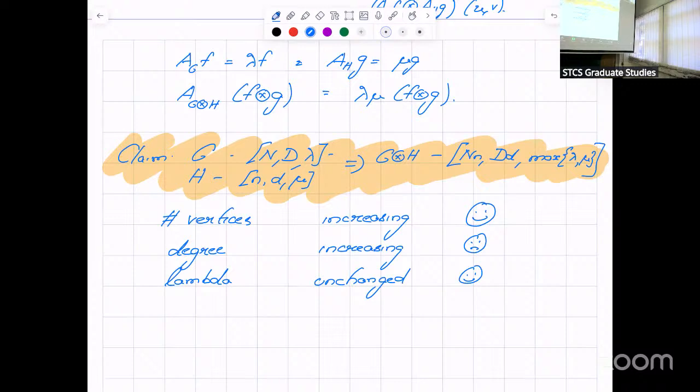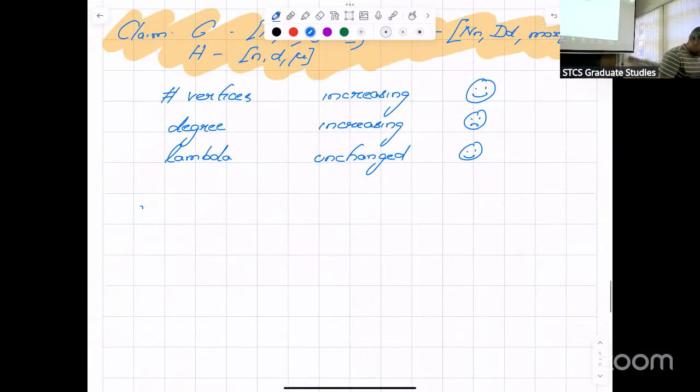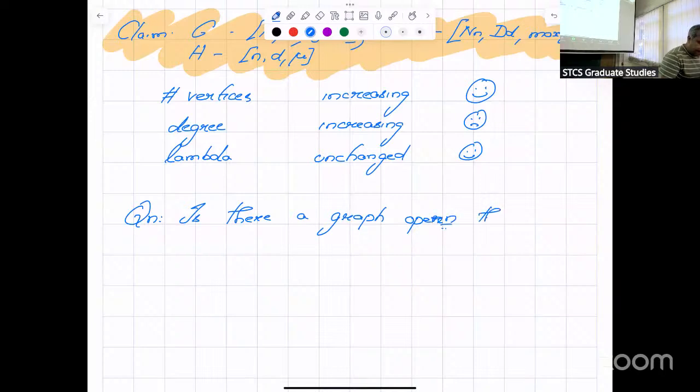So the question we are now going to ask is: is there a graph operation that reduces degree and does not affect the other two parameters too much?